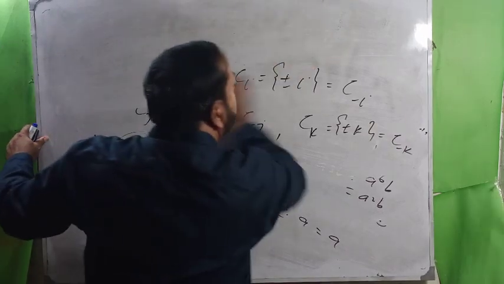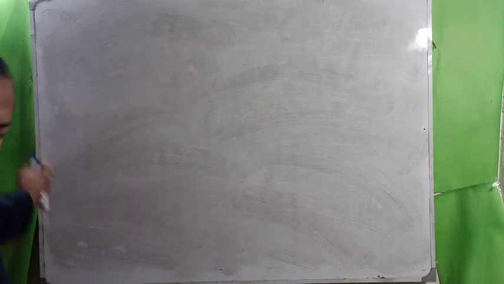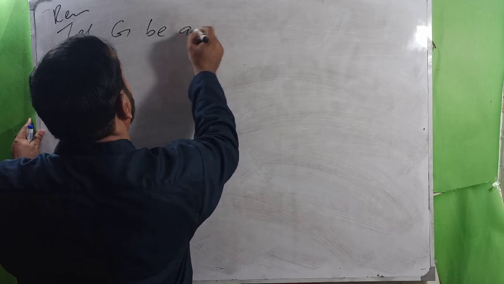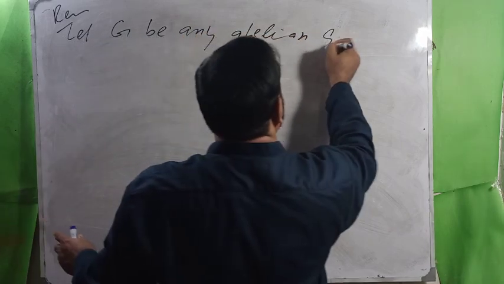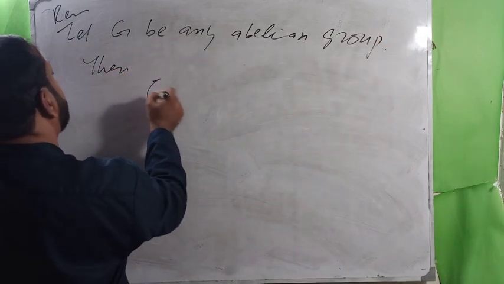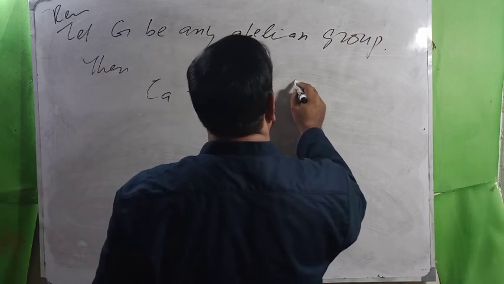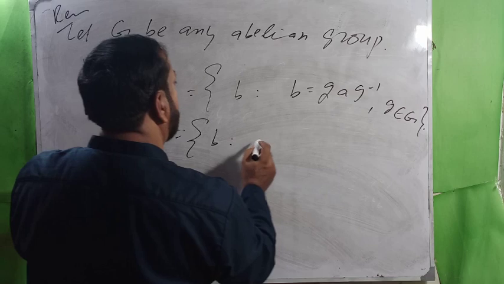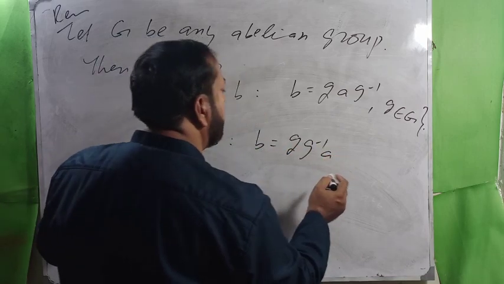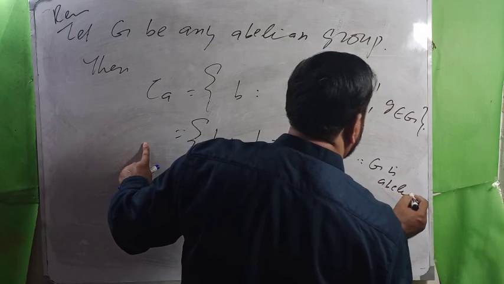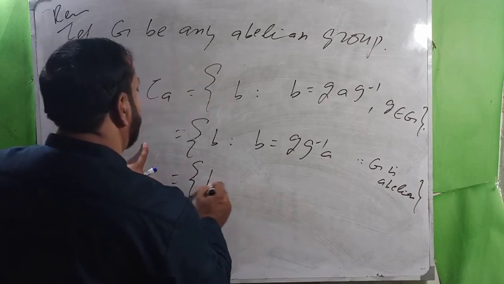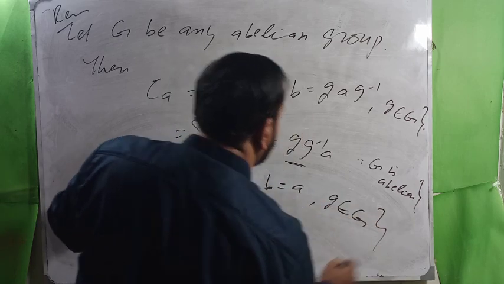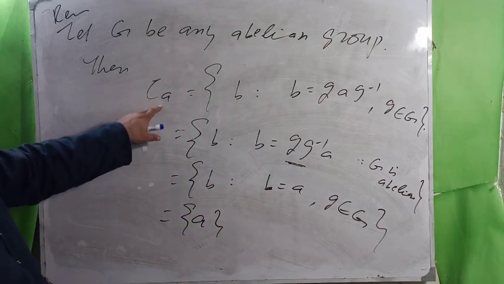So this can be written formally as a remark. Let G be any abelian group, then C A, in fact the set of B such that B is equal to G A G inverse, where G belongs to G, and of course this can be written as G G inverse A, since G is abelian, and this can be written as B is equal to A, of course for all G belonging to G. So look, C A is equal to {A}.